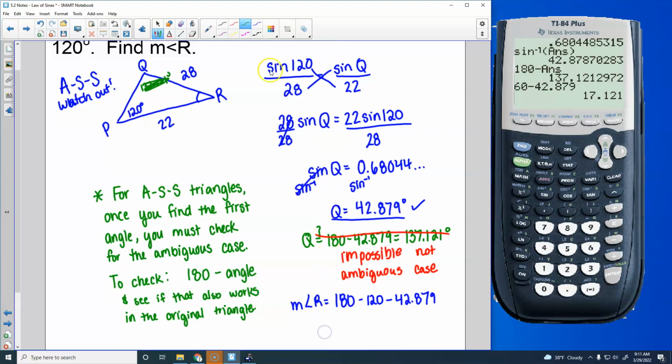So measure of angle R is going to be 17.121. And that would be our answer for this problem. I should put a degree mark there. Okay.